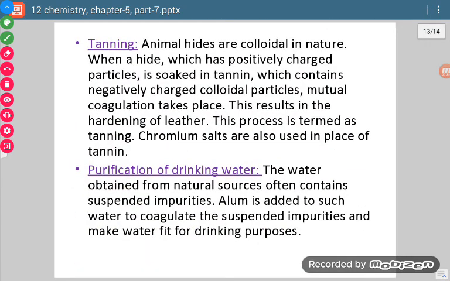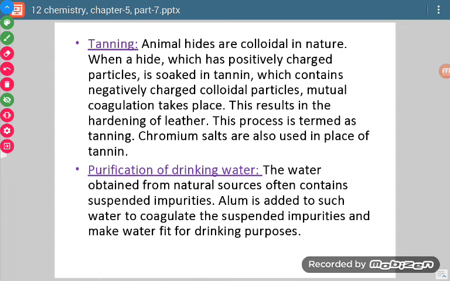Okay. Now one more thing, tanning. Okay. Now see, when we buy something made of leather, that leather is not exactly the one which is obtained from dead animals. When we obtain their skin from dead animals, to be used for leather goods and all, that particular raw leather is not that hard.